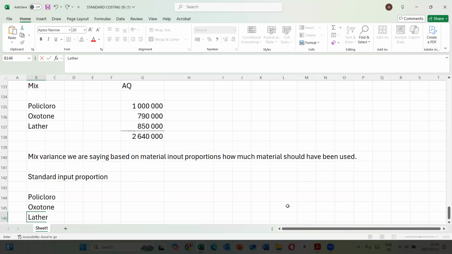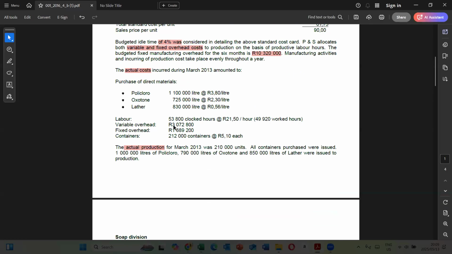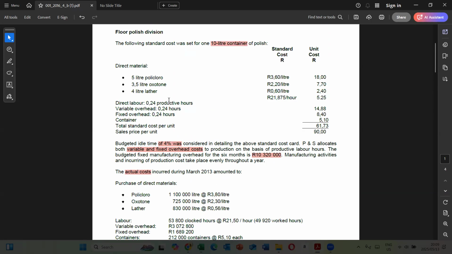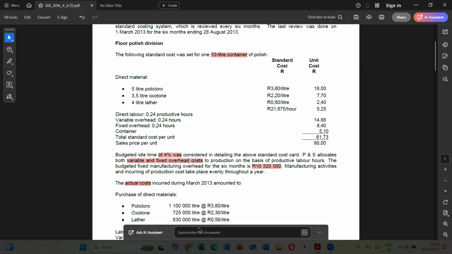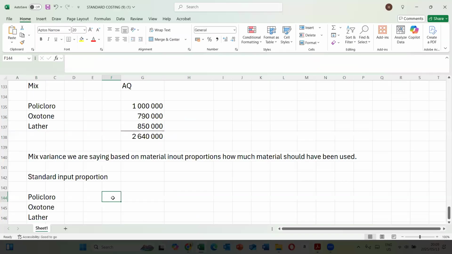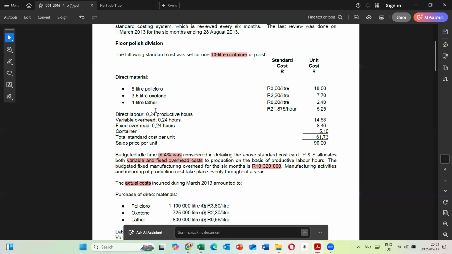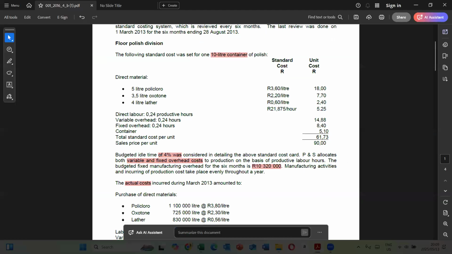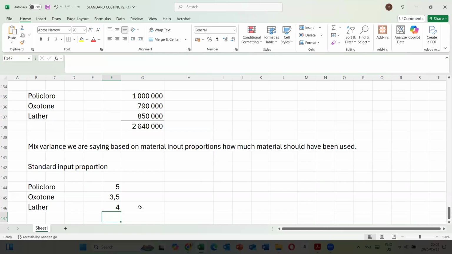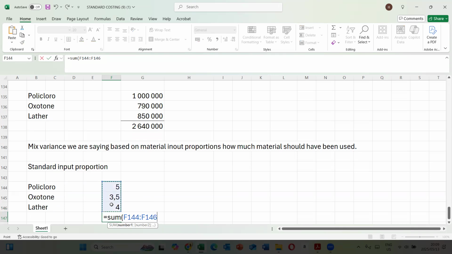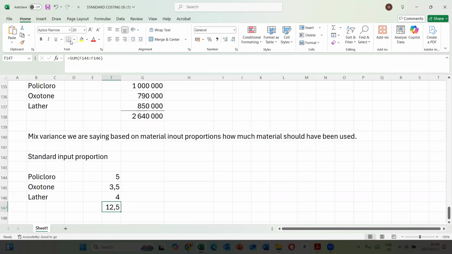In standard terms, 1 unit requires 5 liters of polychloro. Then 1 unit also requires 3.5 liters, and for this one, it requires 4 liters. In total, we add together, so this is the ratio, the proportion that we're supposed to use initially.